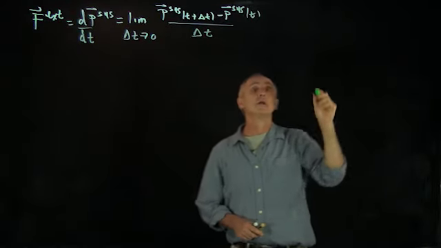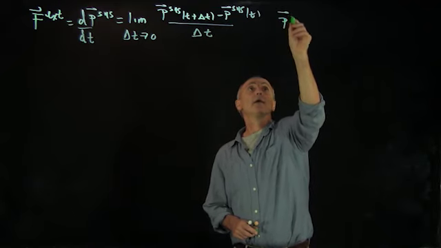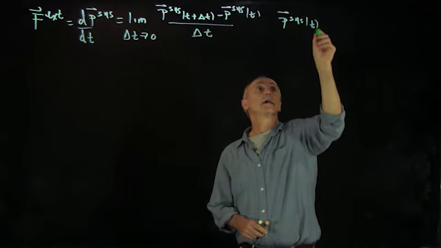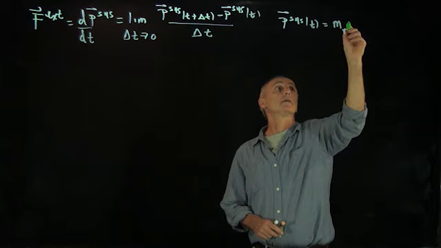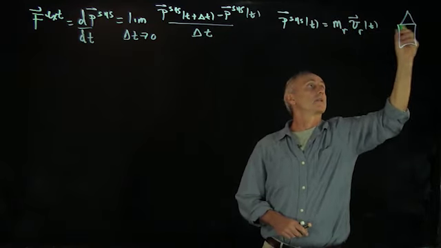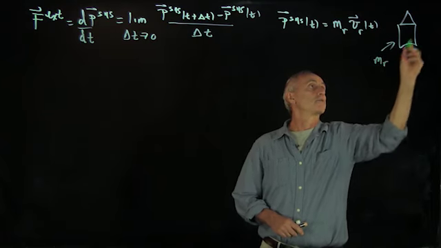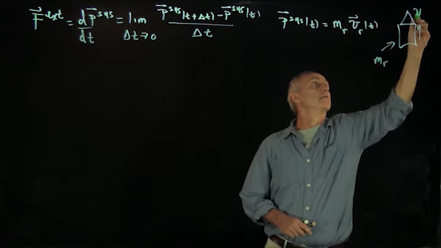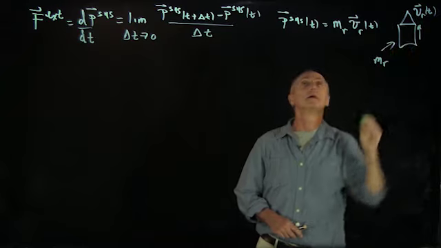Now recall that we had the momentum of the system at time t was the mass of the rocket times v bar of the rocket at t. I'll just quickly show mass of the rocket, Vr of t.